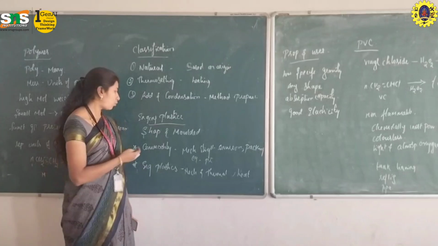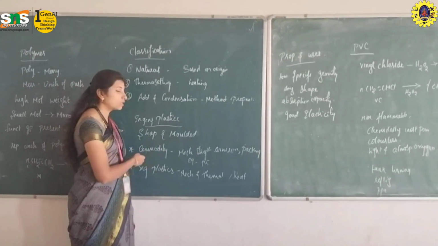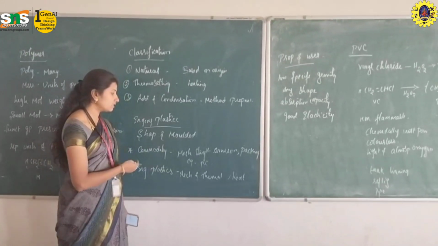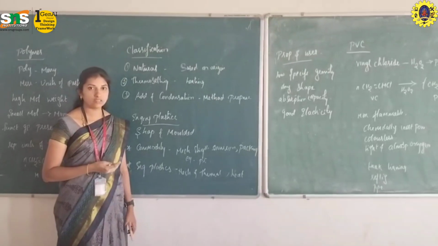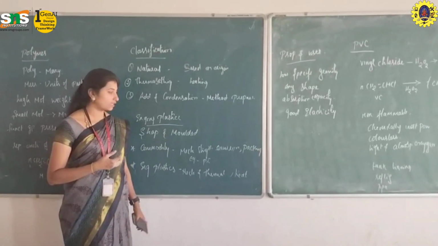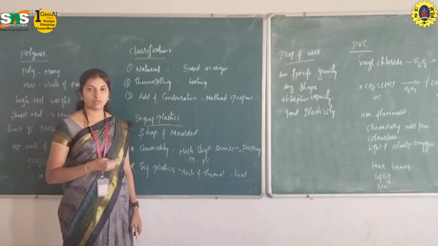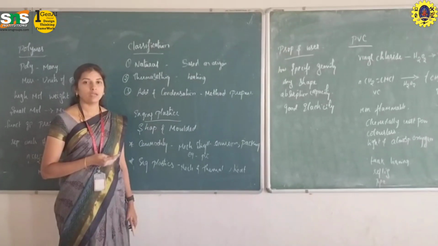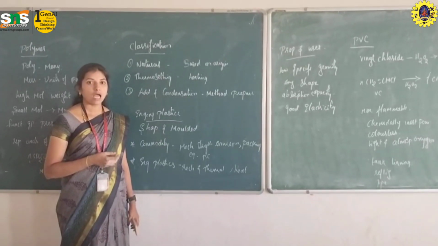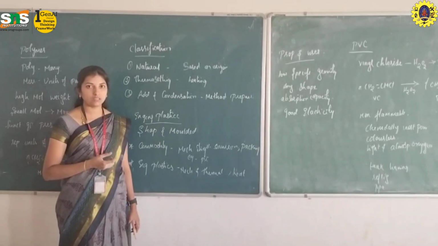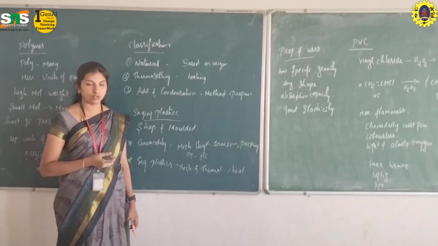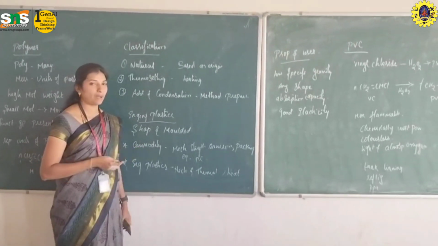One is the commodity polymers. Commodity polymers should have good mechanical strength, and they should be flexible for all purposes, including disposal, given environmental problems and air pollution, and they can be used as packing material.